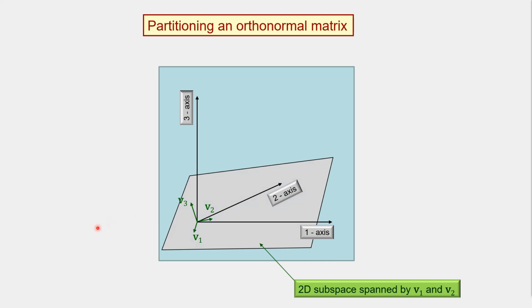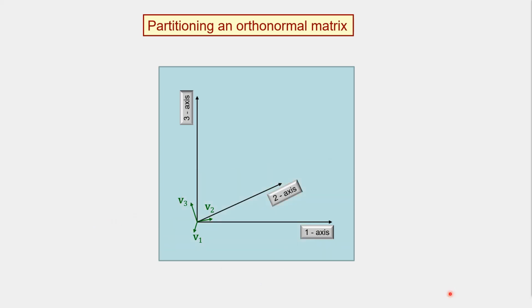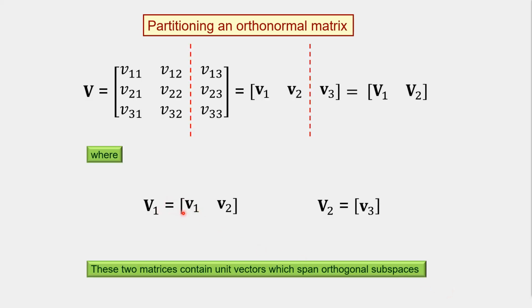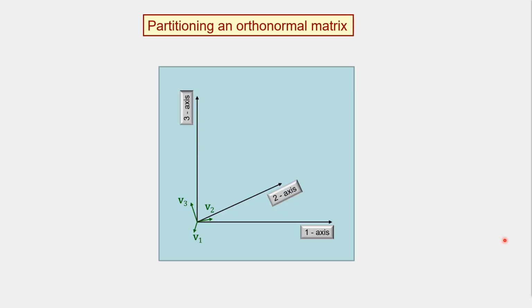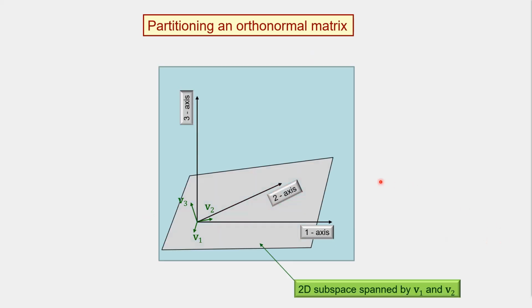And here's the subspace spanned by little v1 and little v2, which, as we saw before, are the vectors which comprise this matrix. So big V1 represents the 2-dimensional subspace of 3-dimensional vector space characterized by this plane. Meanwhile, the V2 matrix has only 1 dimension, and it characterizes the subspace orthogonal to this plane.